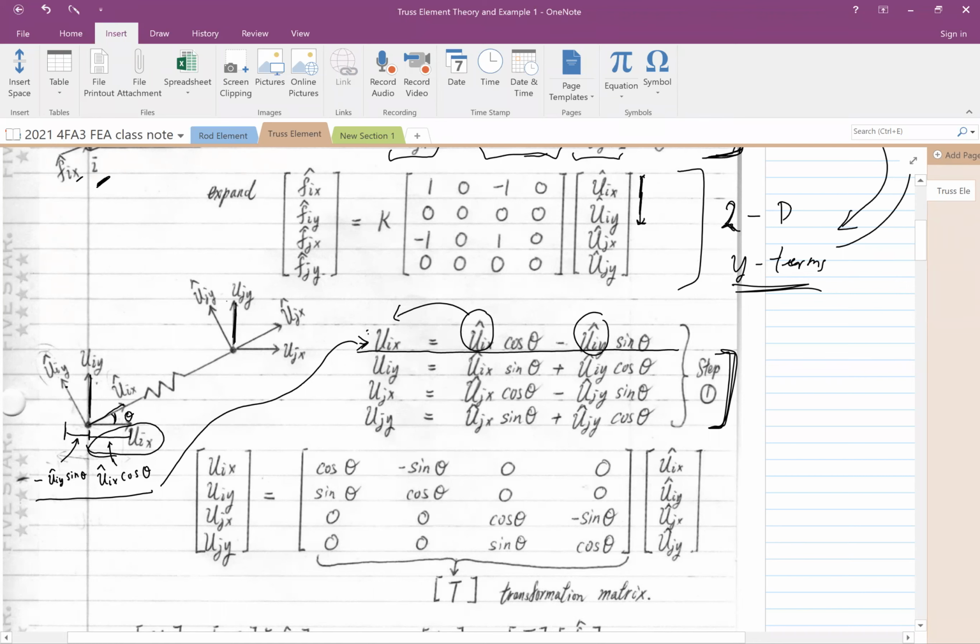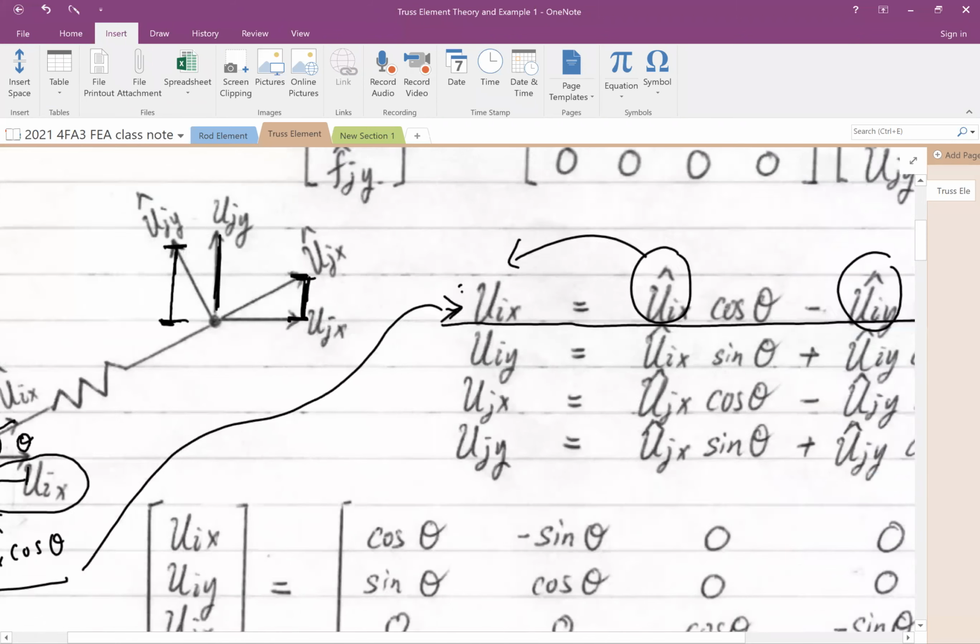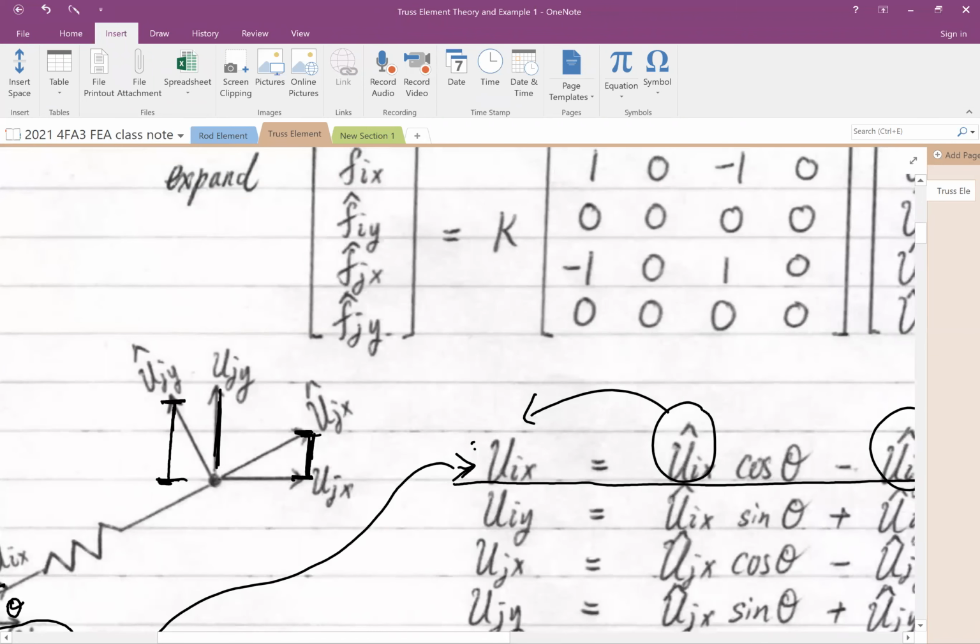UJY is contributed by two portions of it. That portion and the other.